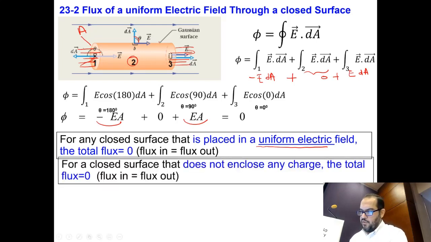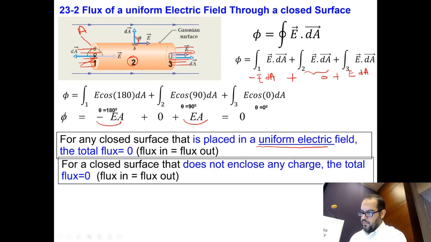Now, for a closed surface that does not enclose any charge, the total flux is 0. We will verify this later. So if there are no charges inside any closed surface, the flux through that surface is 0. We are actually touching on Gauss's law now.